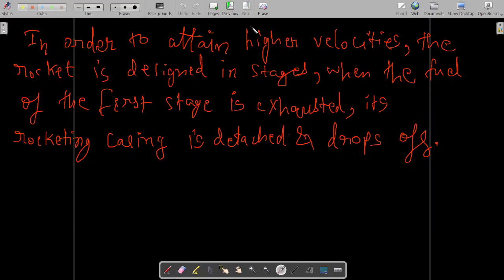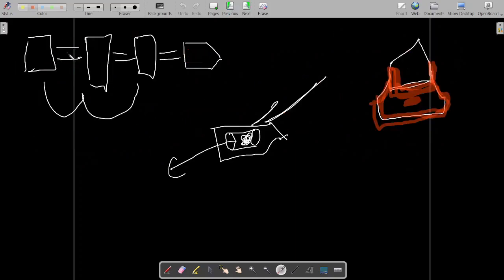In order to attain higher velocities, the rocket is designed in stages, means in pieces. When the fuel of the first stage is exhausted, its rocketing casing is detached and drops off. Suppose this particular thing, let me mark it with yellow color, is your first stage.